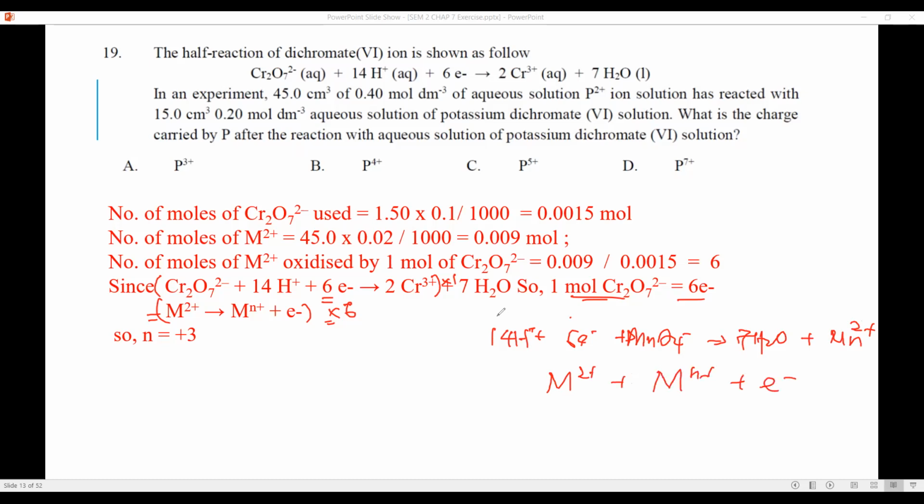Okay, so in here the whole thing multiplies by 1, while in here the whole thing multiplies by 6. Do you see that? So since the iron in here is ratio 6, so the ratio in here is 1 to 6. So in other words, this M2+ oxidized by 1 oxidation state. So that is how you get the plus 3. So the best answer in here is B.